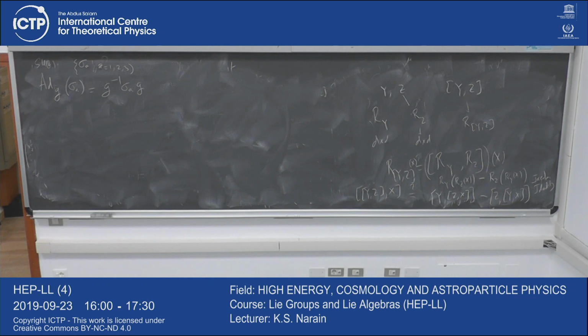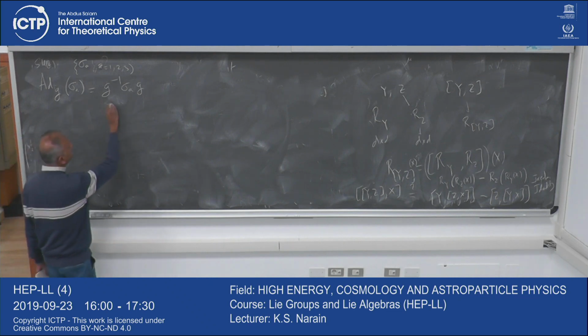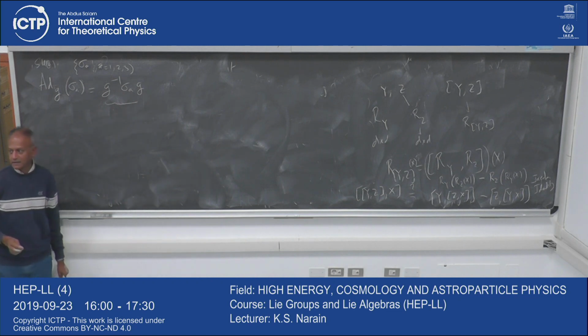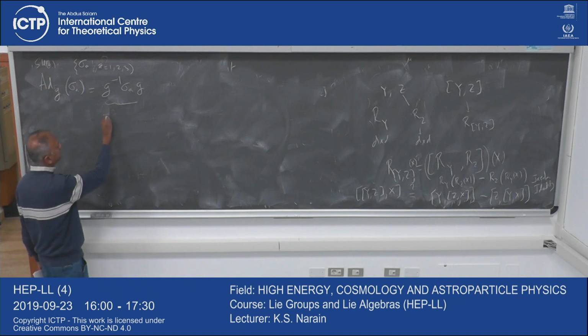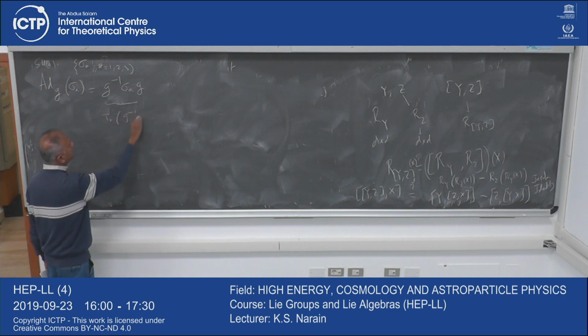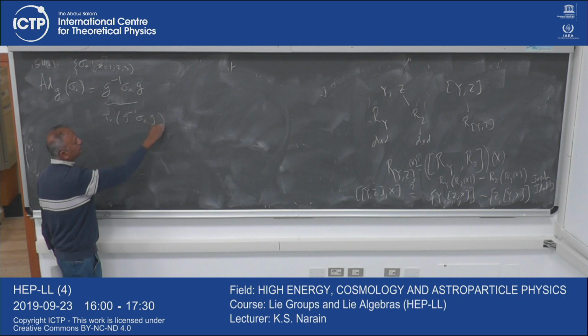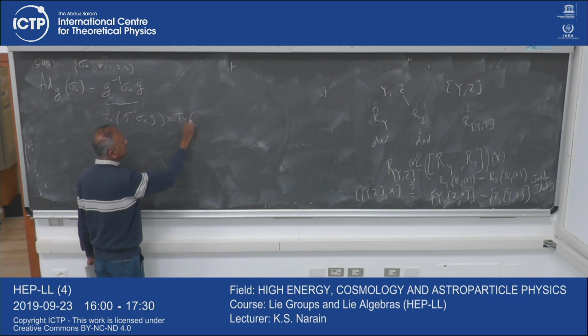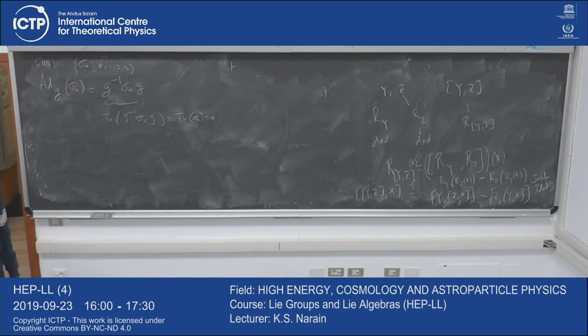So all we need to check is whether this is Hermitian and traceless. Traceless is clear, because by the cyclic property of the trace, the trace of G inverse sigma_A G is the same as the trace of sigma_A, which is 0.